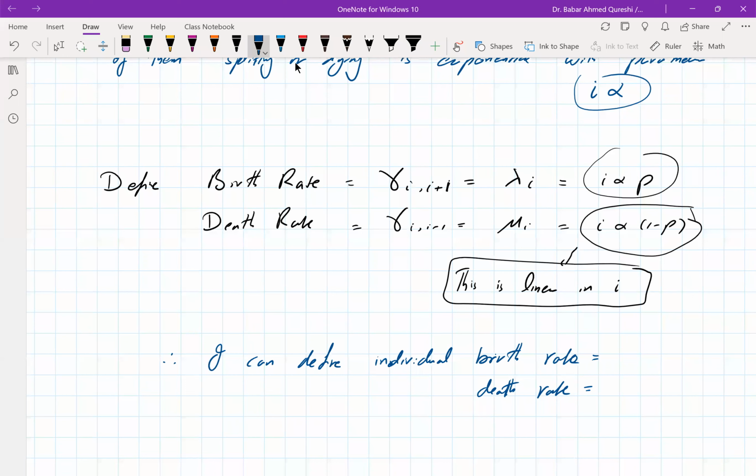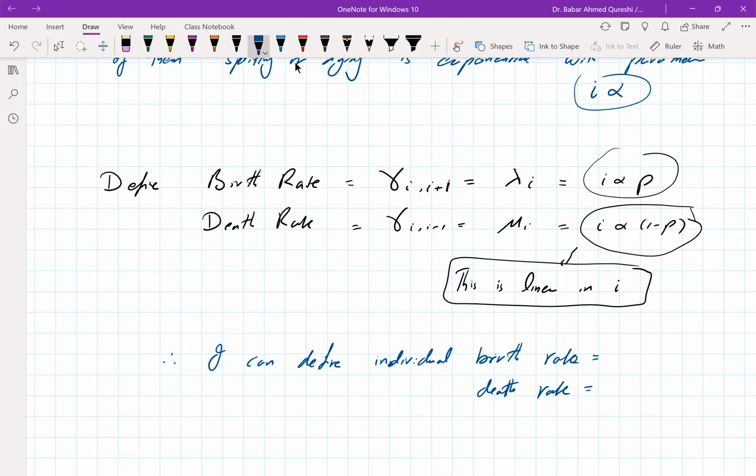Because if there's a birth rate of I alpha p, then I can interpret it: I have I elements here, and any one of them can give a birth. There's a weight associated with each one of them, and I'm getting I times alpha p.